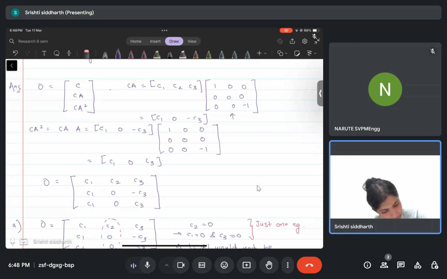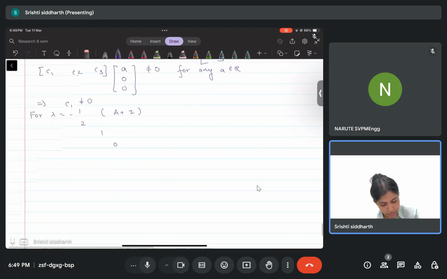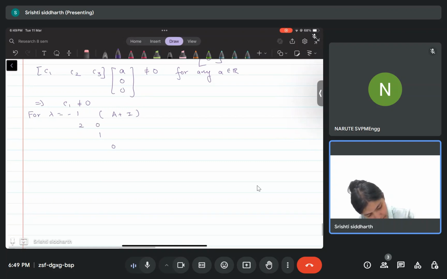This plus identity is simply 2, 0, 0, then 2, 1, 0, and then zeros through.